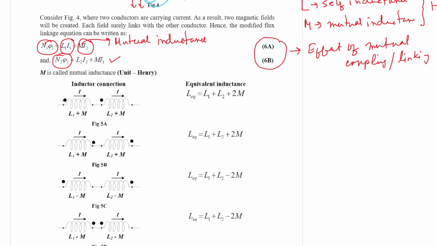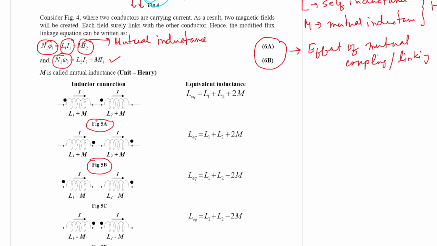If the polarity is as shown in figure 5a and figure 5b, they are called additive polarity. Why? Because with respect to each polarity, the current is leaving in 5a, and for 5b, with respect to each polarity, current is entering the dot. So it is called dot convention.